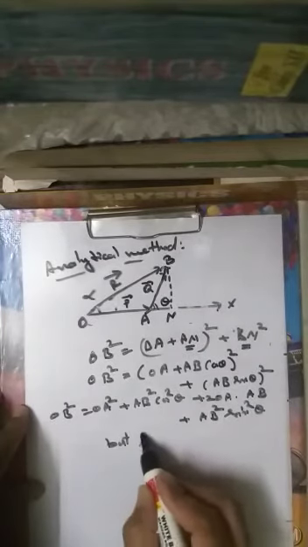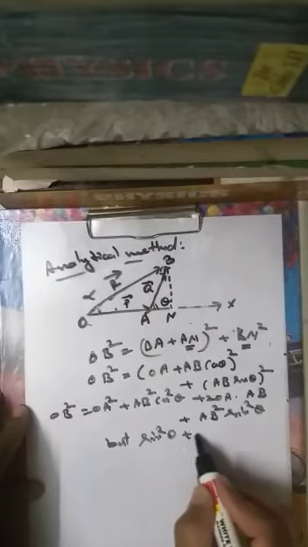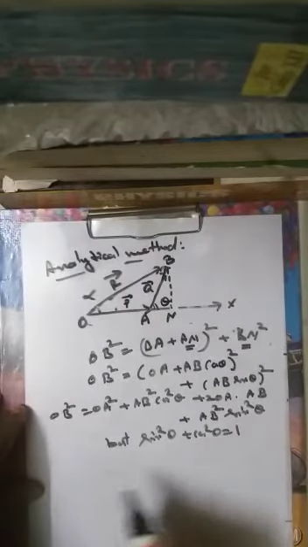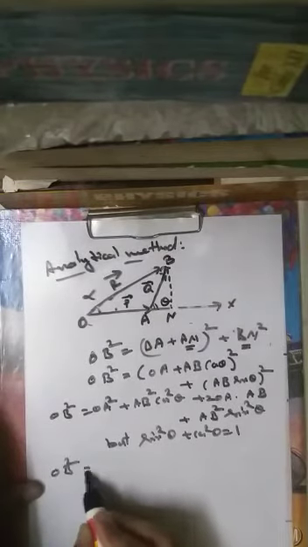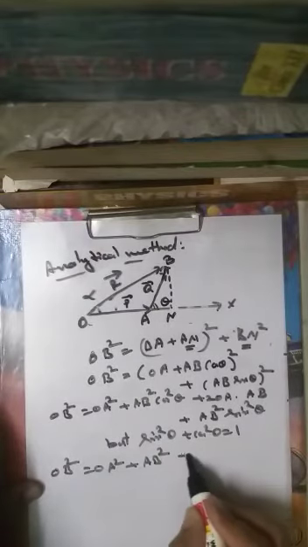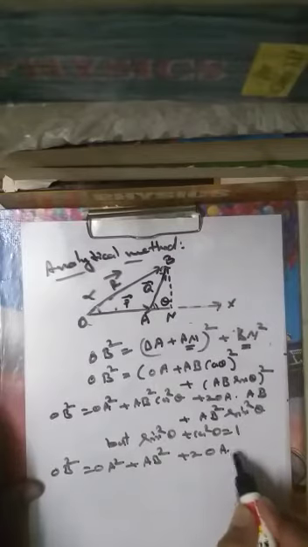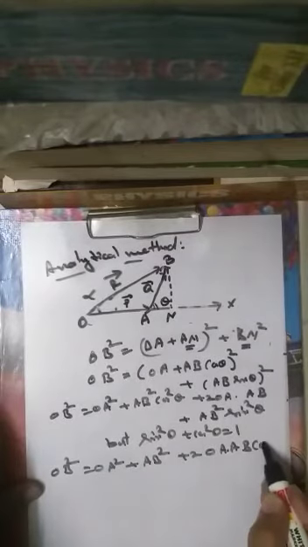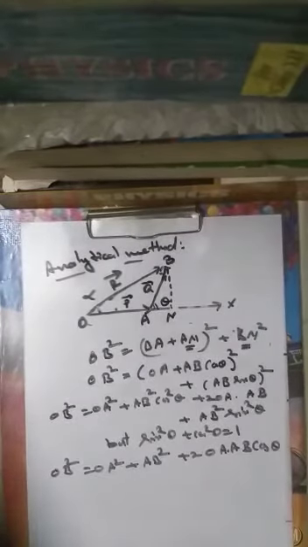But sin square theta plus cos square theta is 1, hence OB square is equal to OA square plus AB square plus 2 OA AB cos theta.